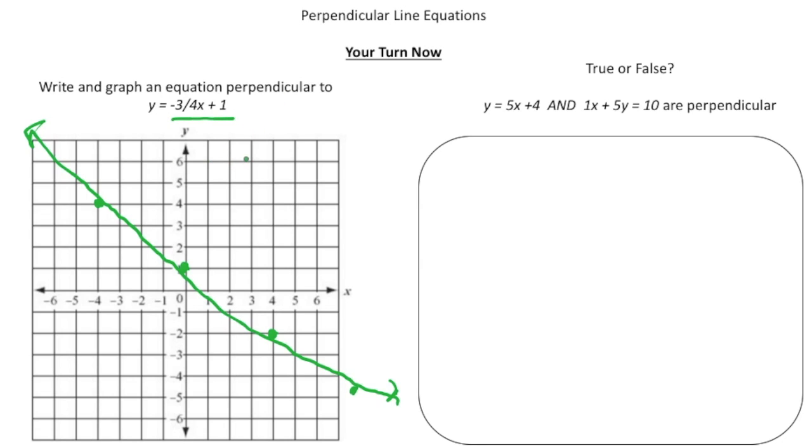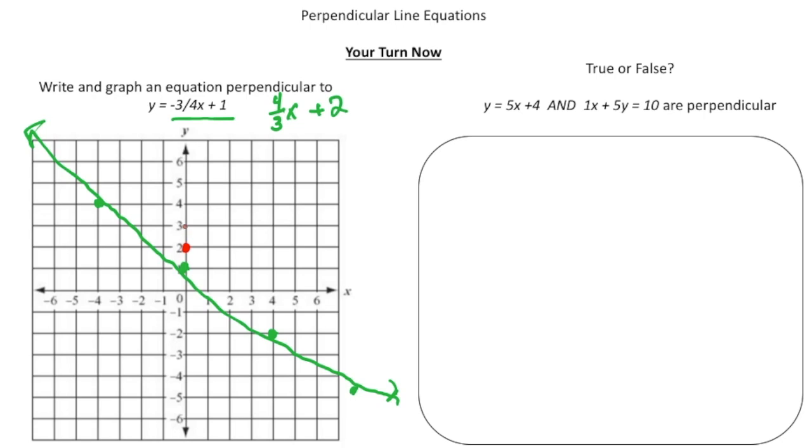Now in order to create a line that's perpendicular, I need to write another equation with a slope of 4/3. And we can have really any y-intercept, so I'm going to say y = 4/3 x + 2. I'm going to use a different color here. I'm going to start at 2, and this time we have a positive slope.